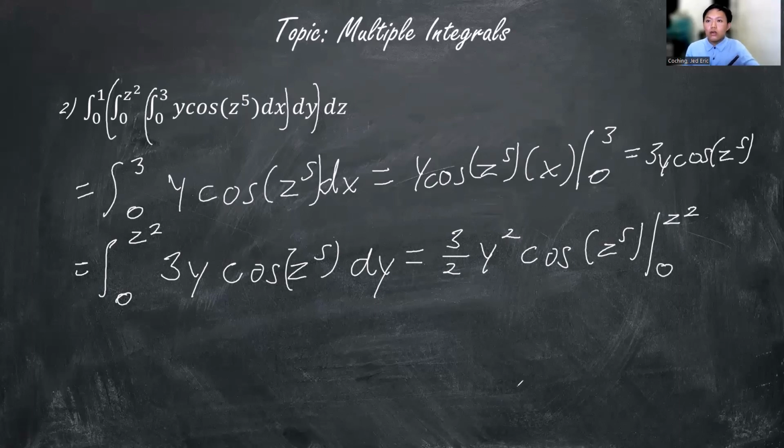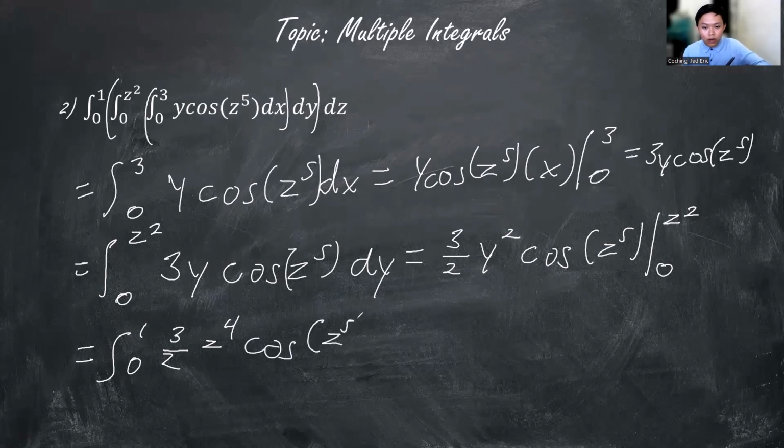So with limits 1 and 0, this is just going to become 3/2 times 4 cos 5z over dz.